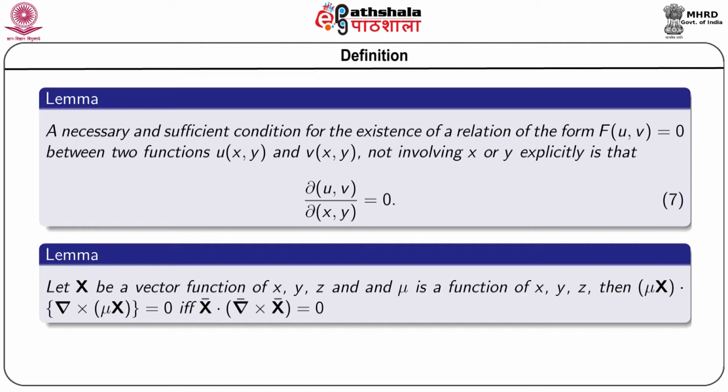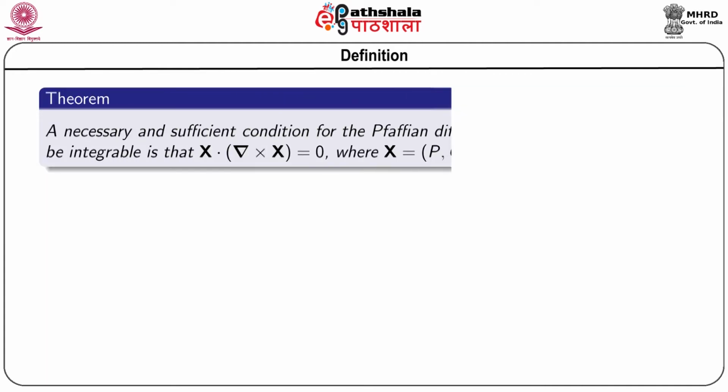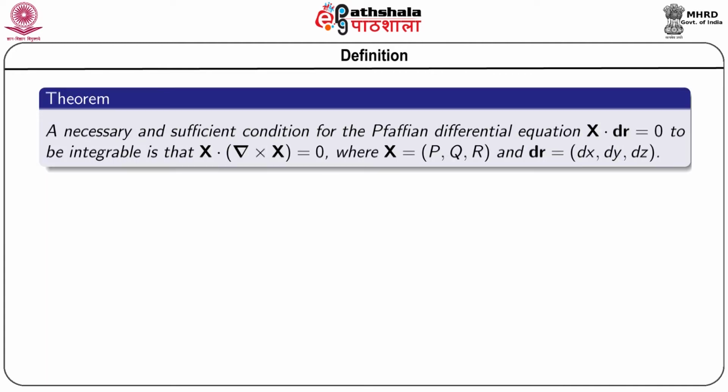And these two lemmas are very important to prove the theorem which is stated here, and this theorem is very important in the sense that it gives the necessary and sufficient condition for the Pfaffian differential equation to be integrable.